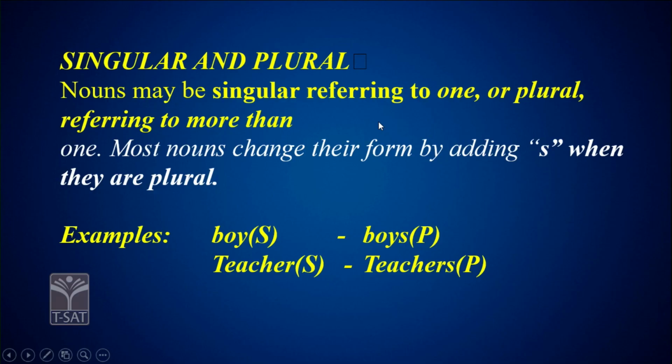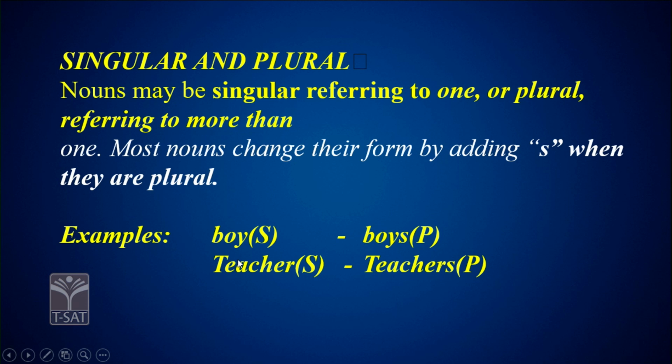Nouns may be singular, referring to one, or plural, referring to more than one, right? Here we can observe that we can change the form of the nouns by adding S at the end, so that they become plural. Most nouns change their form by adding the letter S when they are plural.